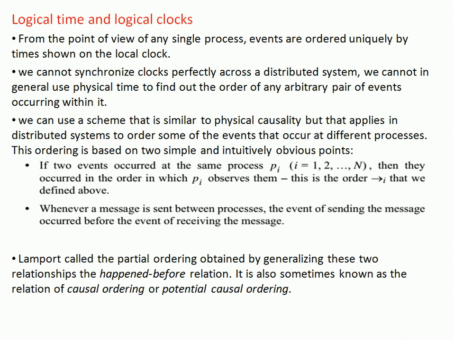This ordering is based on two simple and intuitively obvious points. So the ordering or synchronization can be done in a distributed system by using logical time and logical clocks. The first point: if two events occurred at the same process Pi, then they occurred in the order in which Pi observed them.